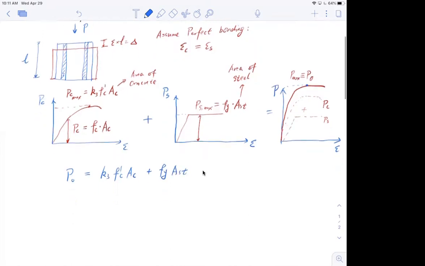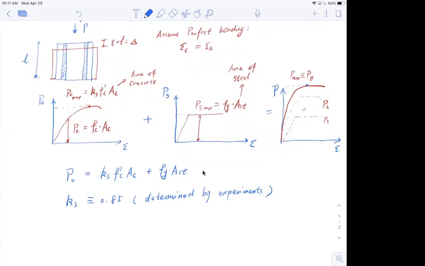Now let's define some parameters. K3 was defined as 0.85. Now be careful here, it's determined by experiment. We didn't do a whole lot of analysis to determine this factor K3.